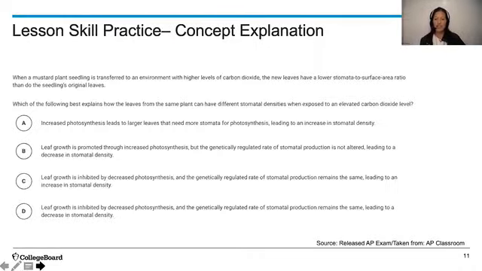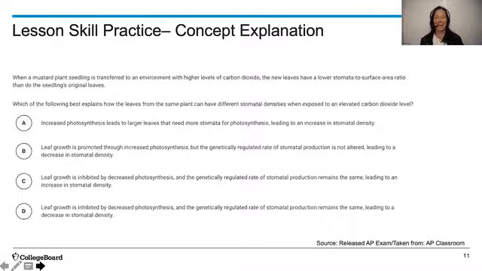So I have a question here. This is a released AP exam question. And what I'd like you to do is to take a moment, read the question, think of what the best answer is going to be, mark that down somewhere, and then come back to me. So pause the video, try to answer this question, and then I will explain it for you.